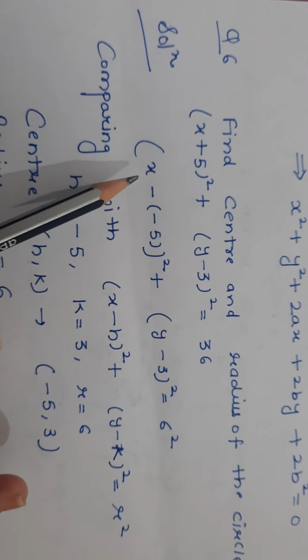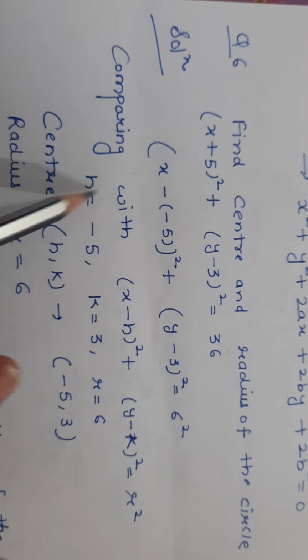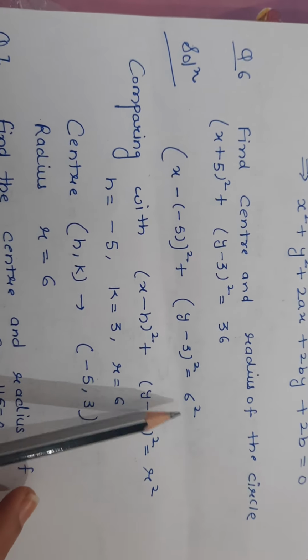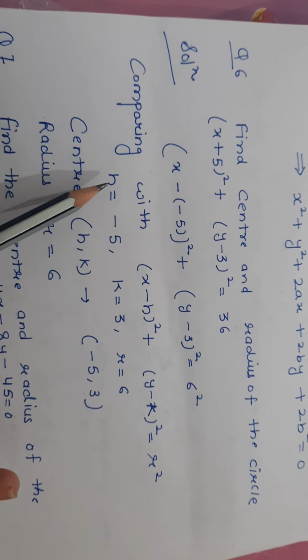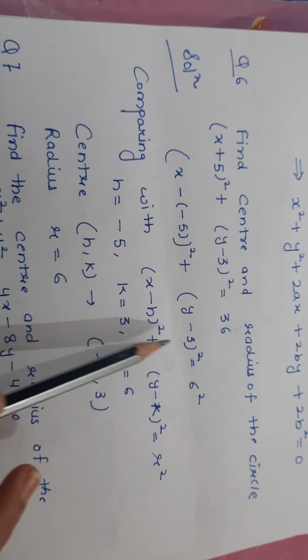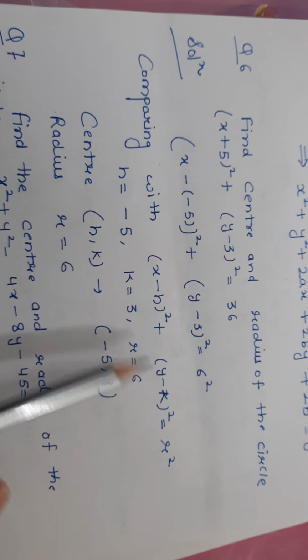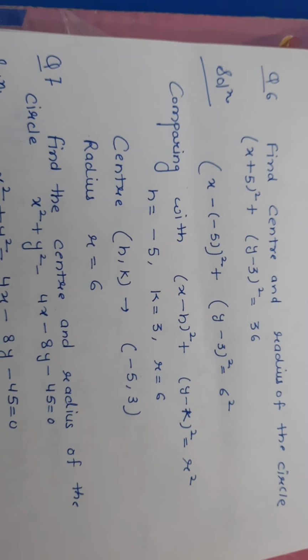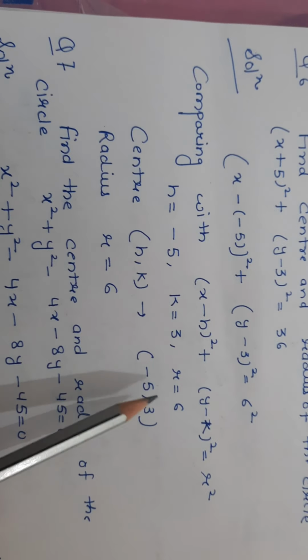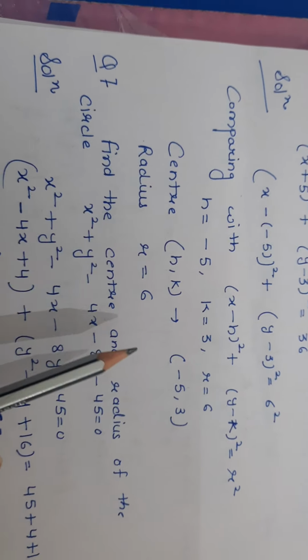So I have rewritten this as (x − (−5))² + (y − 3)² = 6². That means, if you compare these two, h is −5, k is 3, and r is 6. r is a radius, a distance, so it is always positive. So the center (h, k) will be (−5, 3) and the radius is 6.